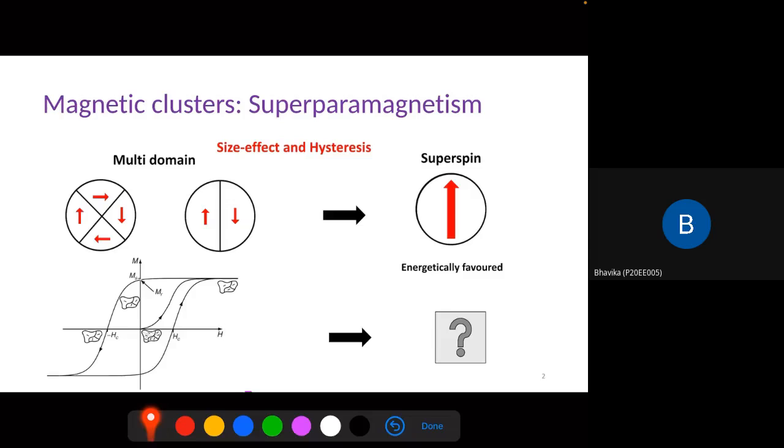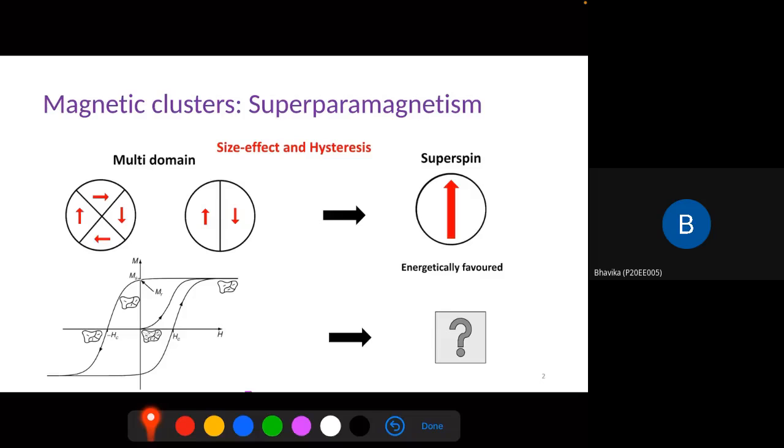Why? If you take the magnetic moment of one atom, it can be a few Bohr magnetons, because mostly the magnetism is coming from the electron's spin, and therefore the magnetic moment per atom is typically a few mu Bohr, which is very small.